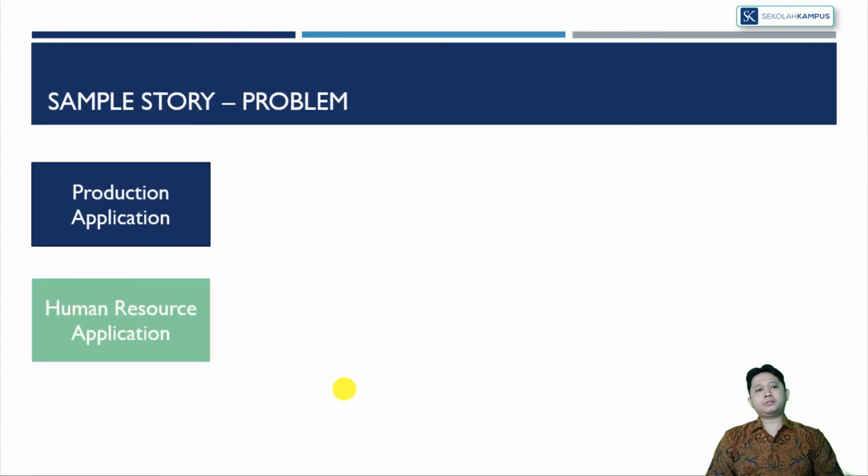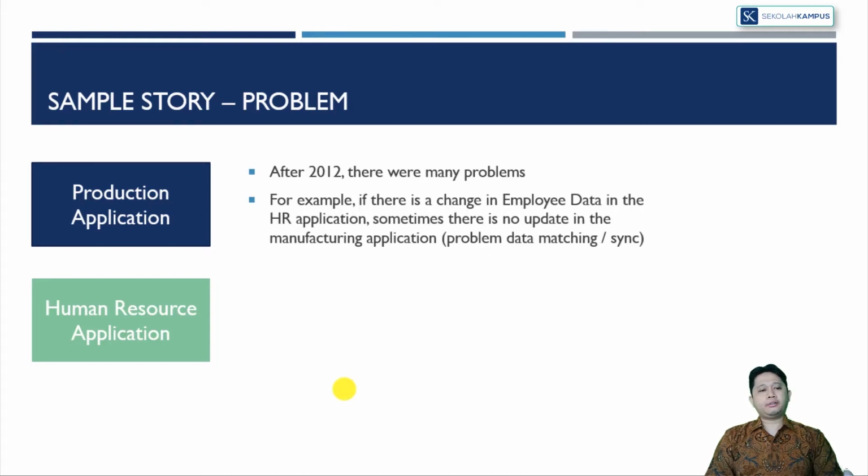From these two applications, we can see that after 2012 there were many problems. For example, if there is a change in employee data, maybe an update, or an employee gets a promotion, sometimes there is no update in the manufacturing application. There is no matching or synchronization, so there are two employee records in the production application and in the human resource application.